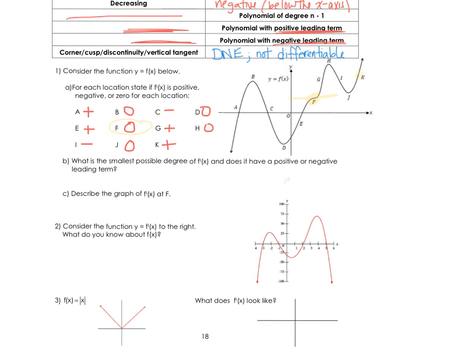K is over here. If I draw in a tangent line, it will be positive. C is over here. Don't be thrown by the fact that C is actually like at the x-axis from what it looks like. You're looking at what a tangent line drawn in would have, positive, negative, or 0 slope. And at C, it would be negative. What's the smallest possible degree of f prime of x?